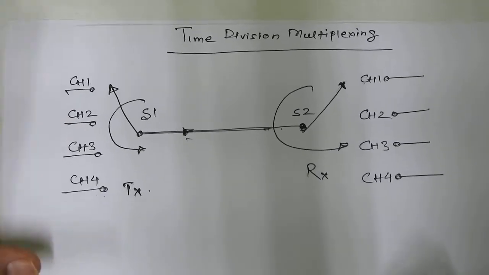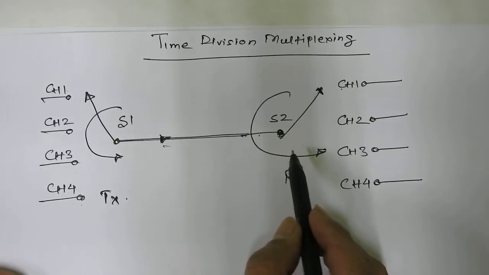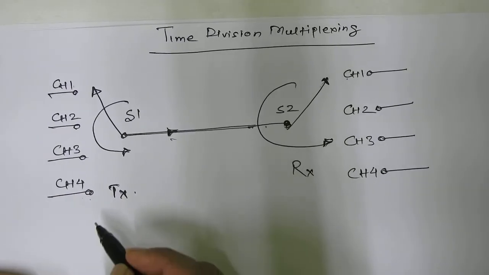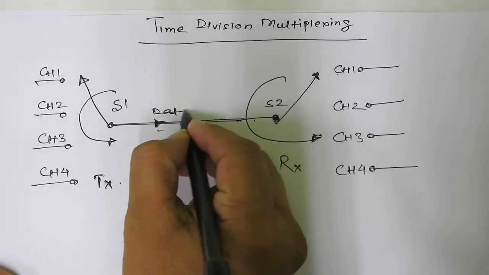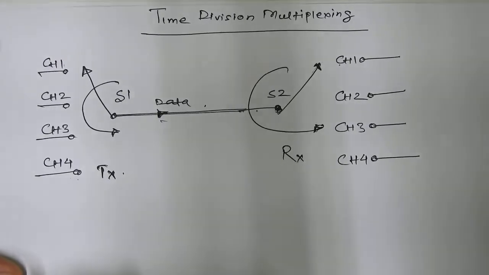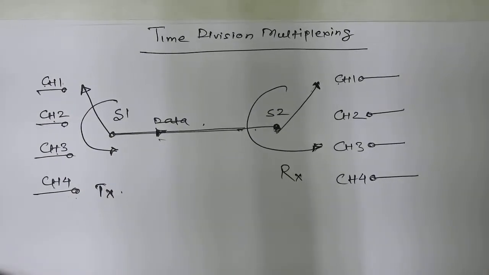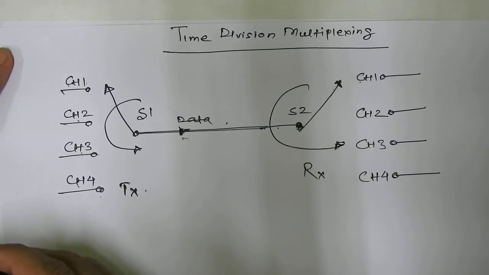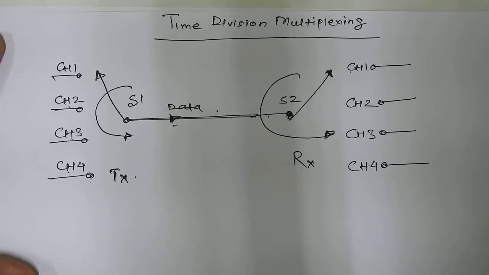But to have 100% perfect communication between these two mechanical rotating switches, there are three very important things. One is that you should have data on this line. That means you should have signals at channel 1, channel 2, channel 3, and channel 4. The second thing is both switches should rotate with the same speed.